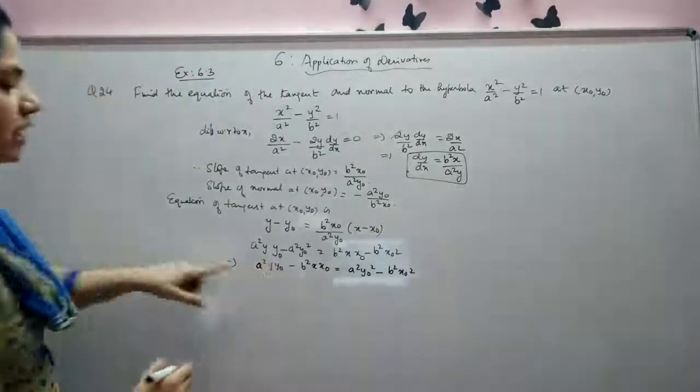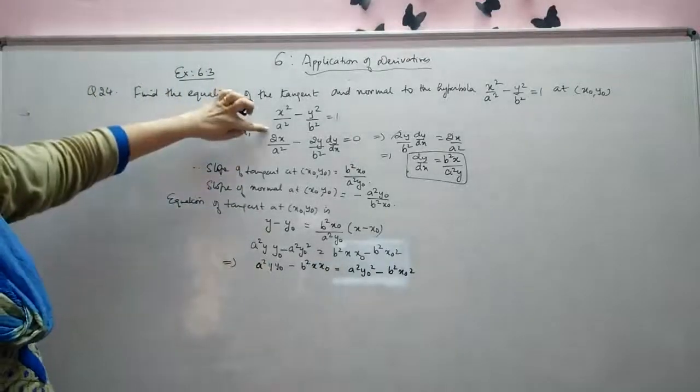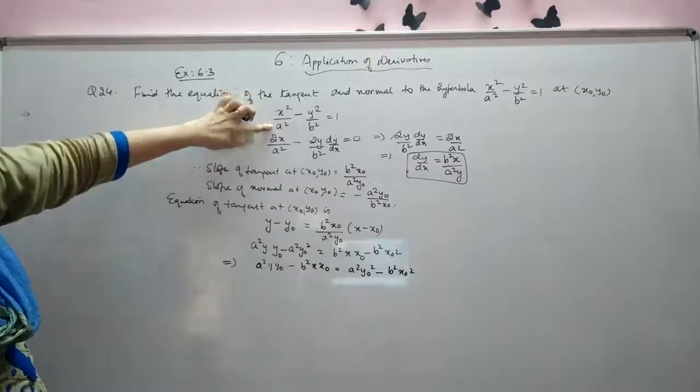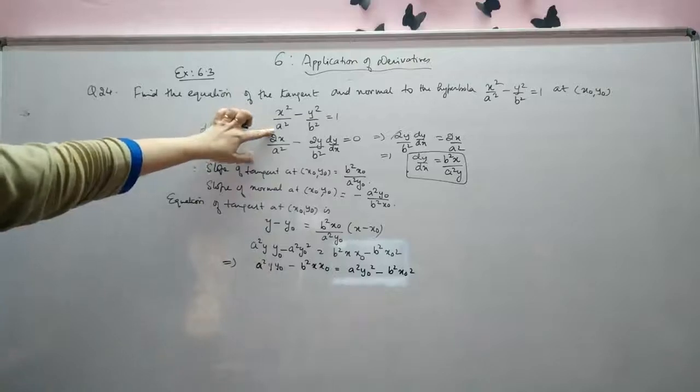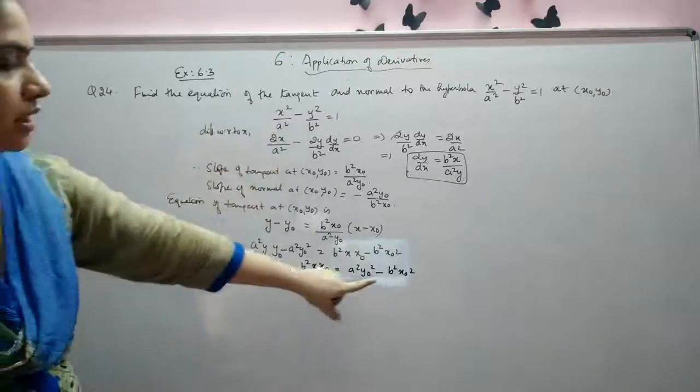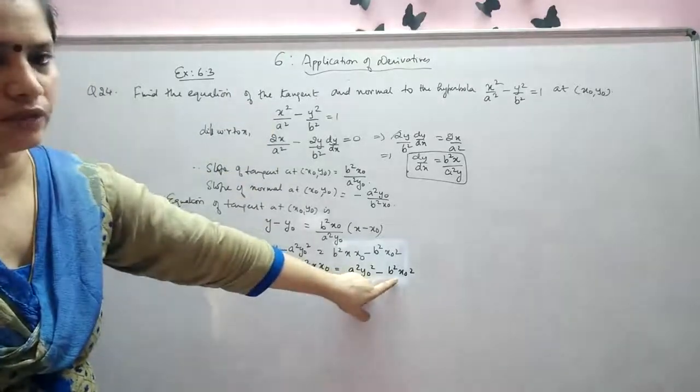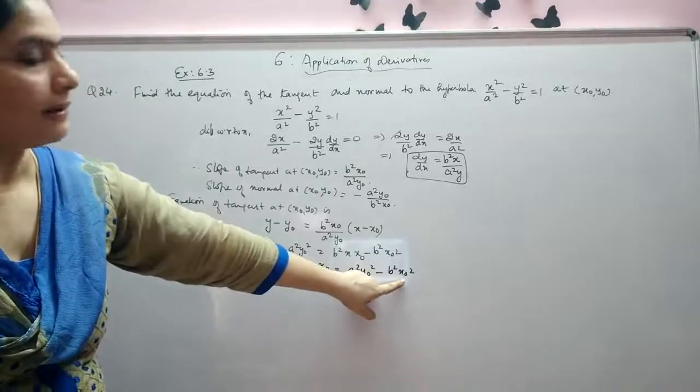Now what we are doing is dividing throughout by a square b square. Now why we are dividing means, you can just see that here you have a square in the denominator. So in order to get a square in the denominator for x naught square, you have to divide throughout by a square b square. Okay.